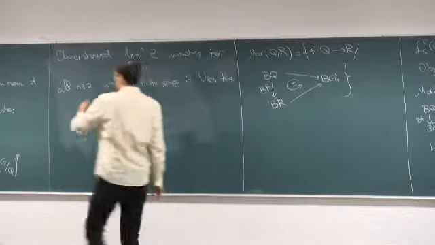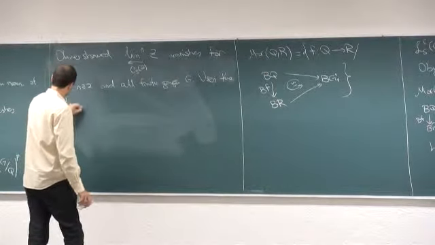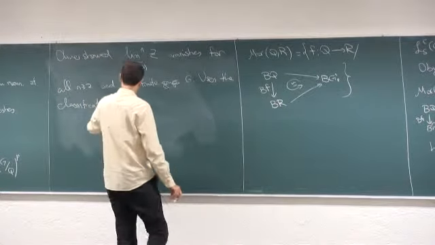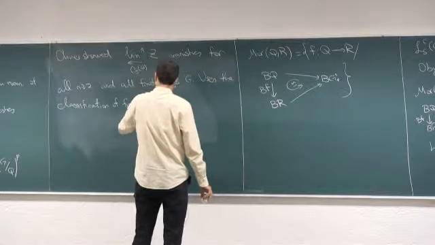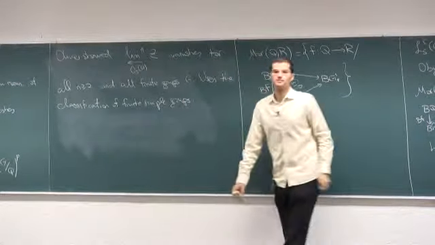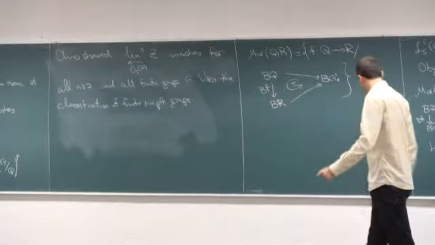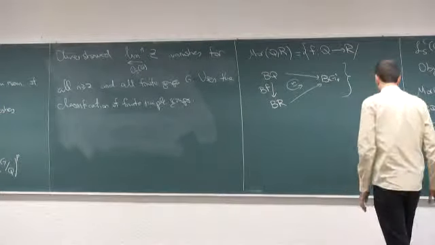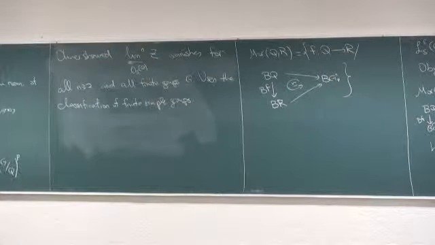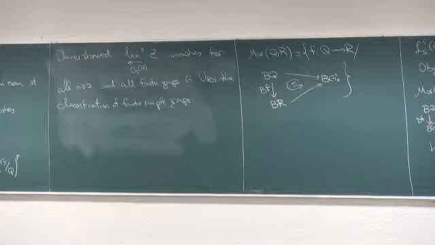So it uses the classification of finite simple groups. I mean, definitely not a simple thing to do, and of course we would like to see something simpler that wouldn't use the classification. But at the moment, that's just dreaming.